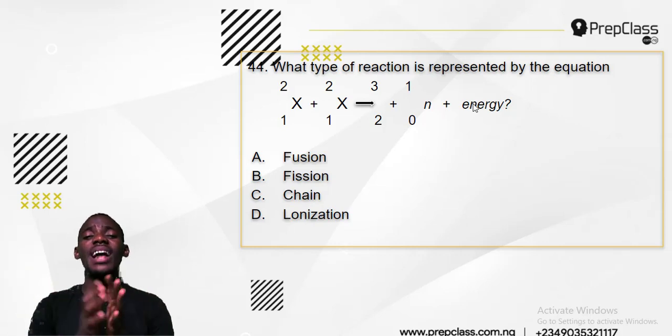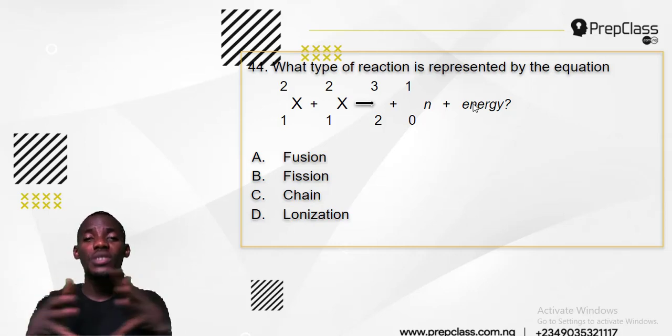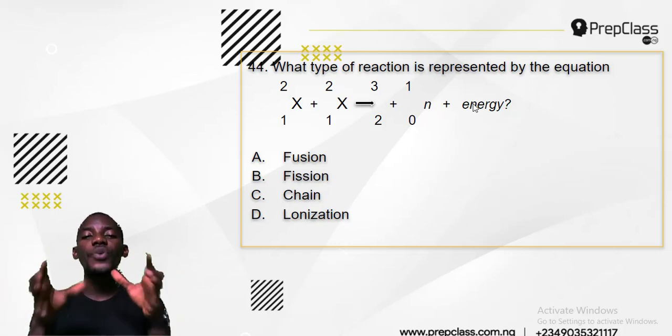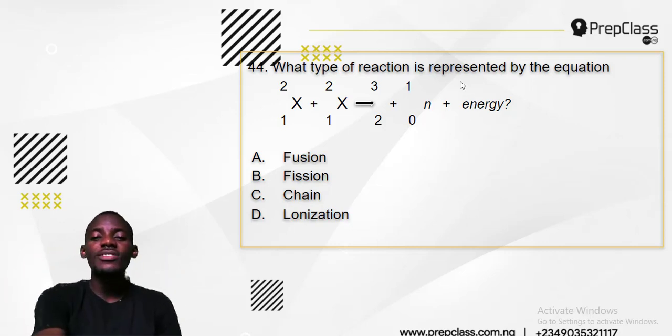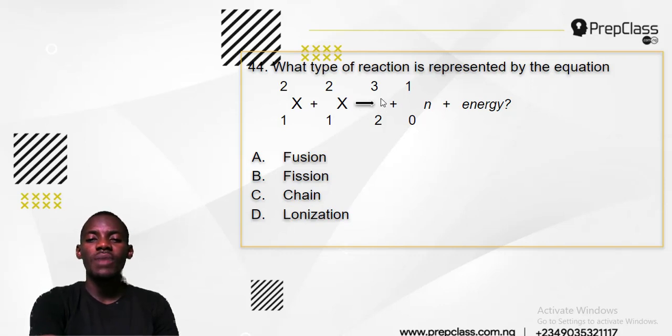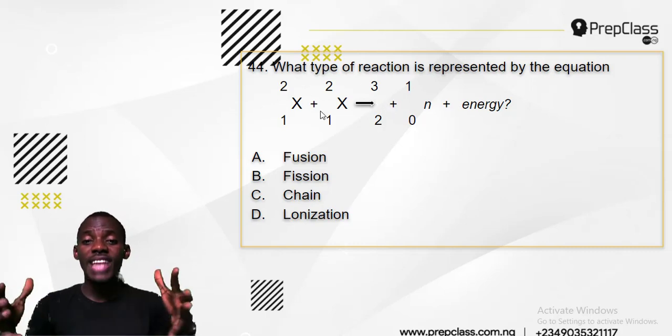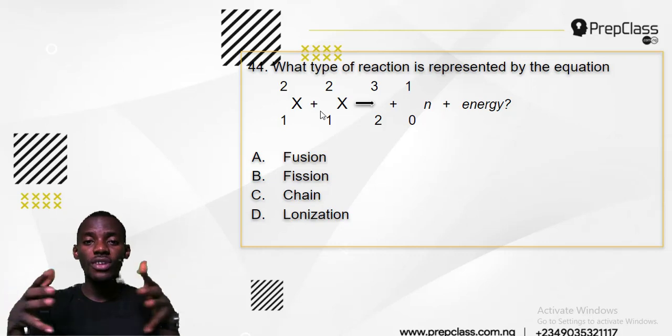Now, we've learned that fusion has to do with fusing. 2 fuse into 1. And in this question, X and X are fusing into 1. Now, actually, there should have been an X here. This is a typo. It should have been a single substance here. That means 2 and 2 match to produce a single one and a neutron with energy. But the main thing produced here is just one of them. The answer for this question is not A, fission, because they are fusing to 1. 2 is fusing to form 1.